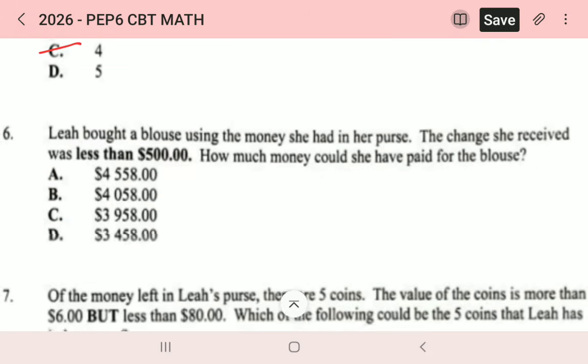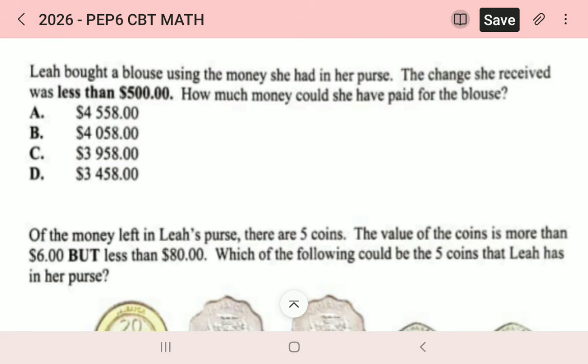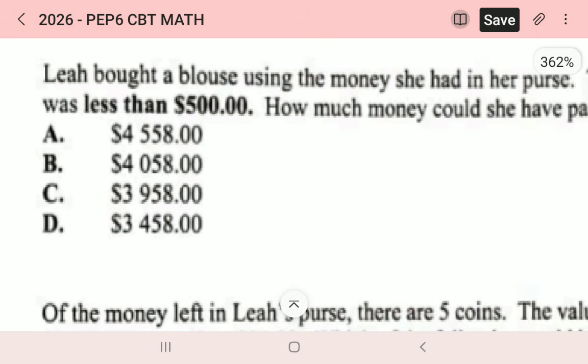Moving on to number 6. Leah bought a blouse using the money she had in her purse. The change she received was less than 500. How much money could she have paid for the blouse? So whatever she's getting as change must be less than 500, which means she's going to spend 4,000 and a little bit. All right, so it can't be C. C is going to give her more than 500 change, and it must be less.